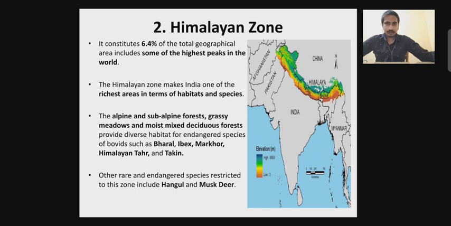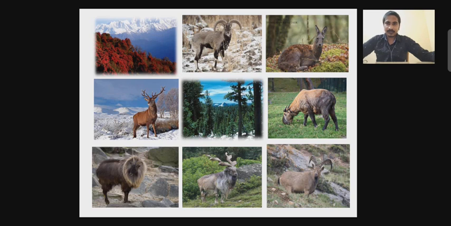The alpine and subalpine forest, grassy meadows, and moist mixed deciduous forest provide diverse habitat for endangered species of bovids such as burrhel, ibex, markhor, Himalayan tahr, and takin. Other rare and endangered species restricted to this zone include hangul and musk deer. So these are the species found mostly in the Himalayan region.